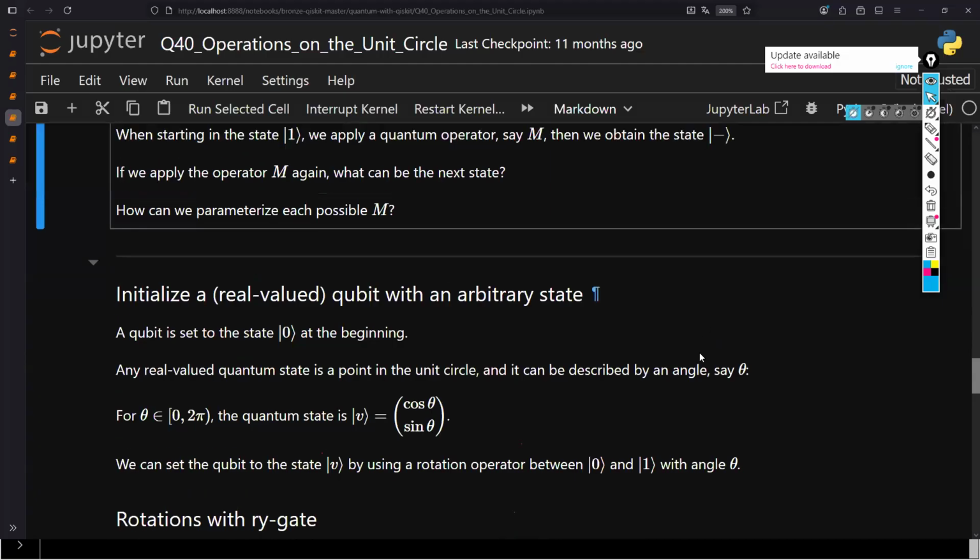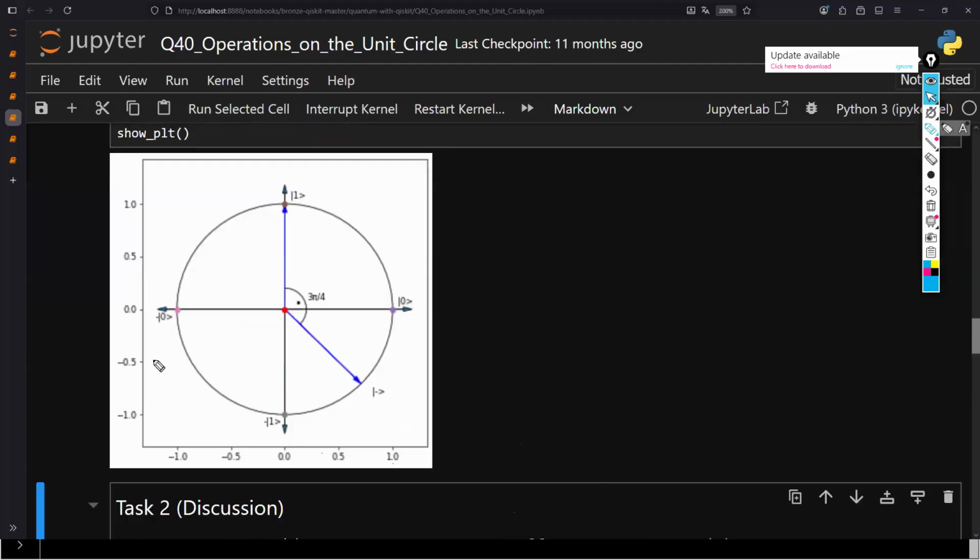Okay, so what are the other operations? I told you about the reflection operator, which mirrors this vector and reflects it on the other side, intersecting it with our unit circle. So what are the other operations?